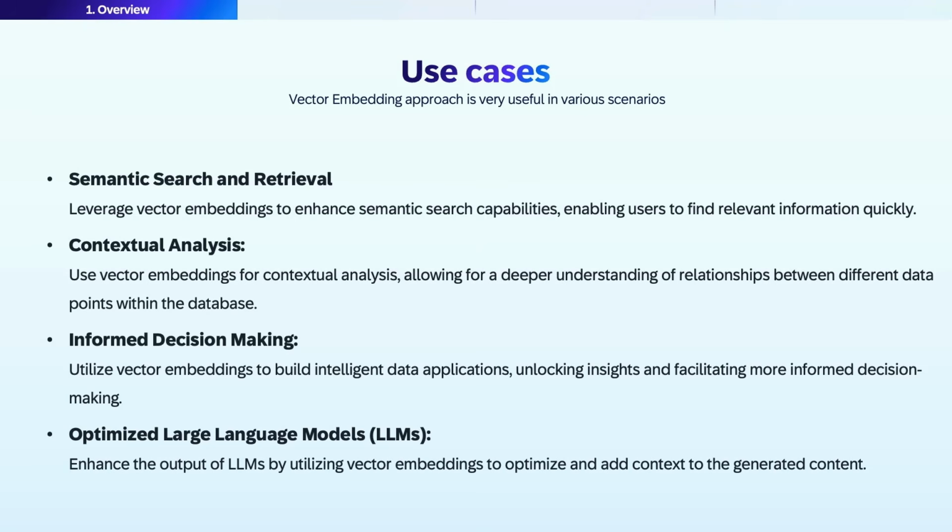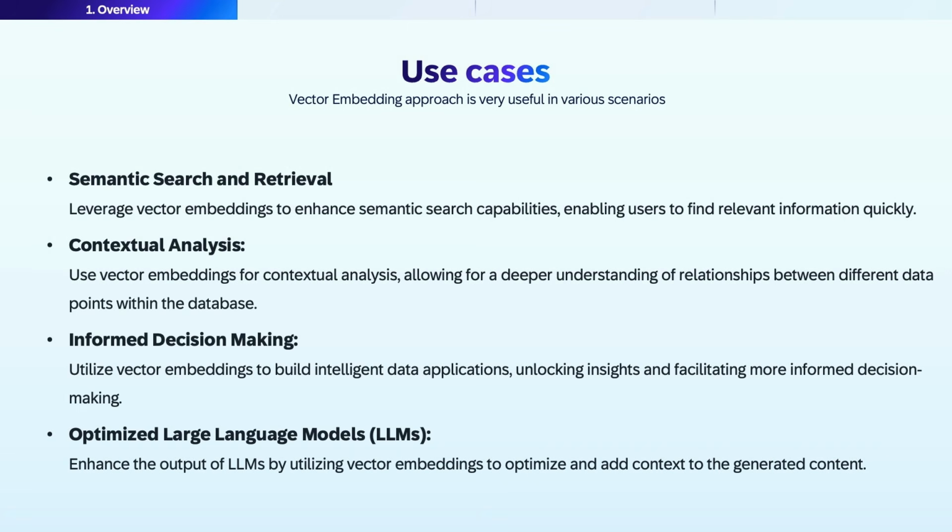Informed decision-making: utilize vector embeddings to build intelligent data applications, unlocking insights and facilitating more informed decision-making. Optimized large language models: enhance the output of LLMs by utilizing vector embeddings, to optimize and add context to the generated content.